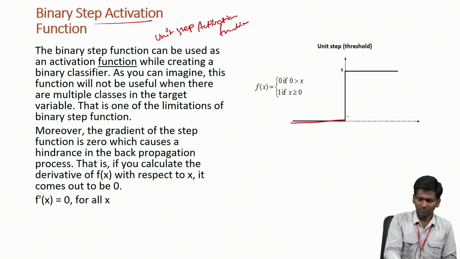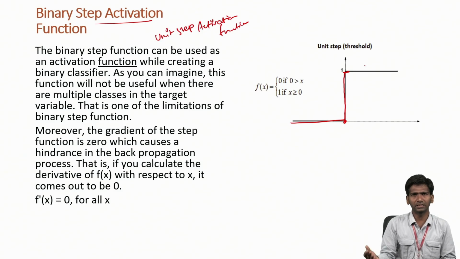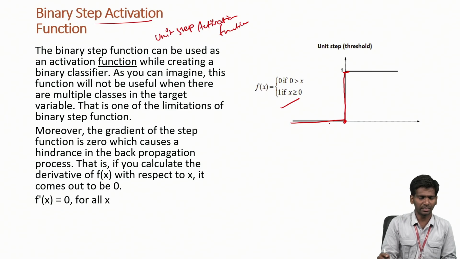For values greater than or equal to 0, f of x is equal to 1. For all positive values, it is 1. For all negative values, it is 0. From this equation and graph, you can understand.